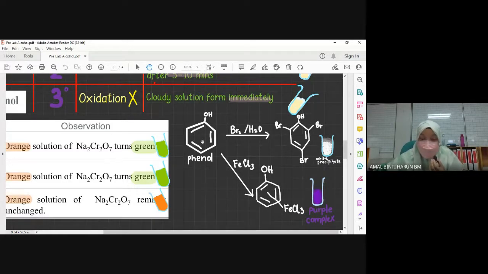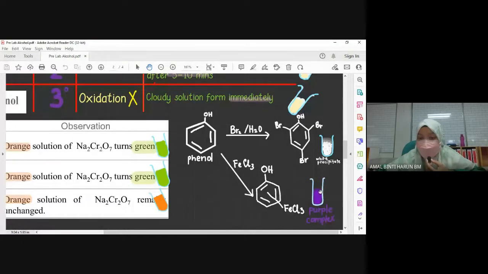Or second test that we use to identify the alcohol is aromatic alcohol or not, we react with the FeCl3. Okay, so ini compound yang kompleks lah. Dia akan hasilkan kita panggil dia purple complex. Okay, so macam ni kita tulis produk dia macam ni sahaja.